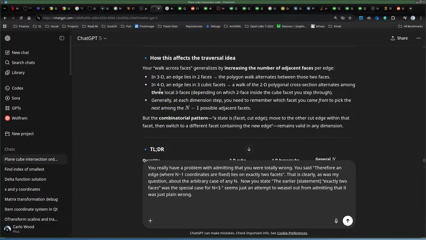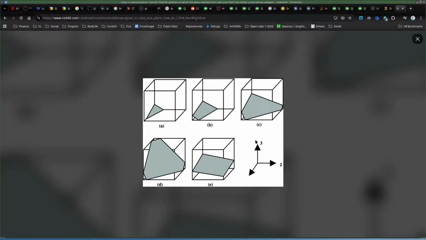Wait a minute. Oh, wait a minute. This is a different thing. In 3D, it was a polytope that is the outside of one of these cross sections.